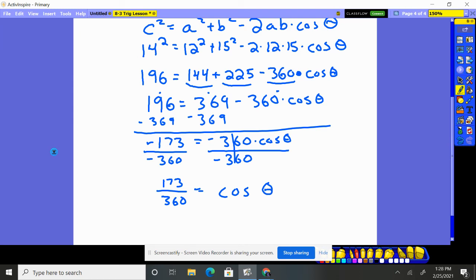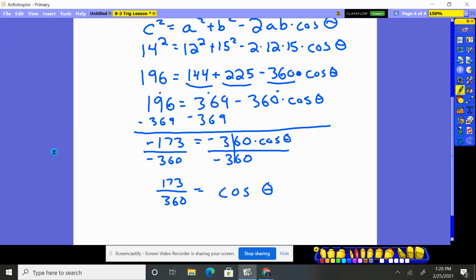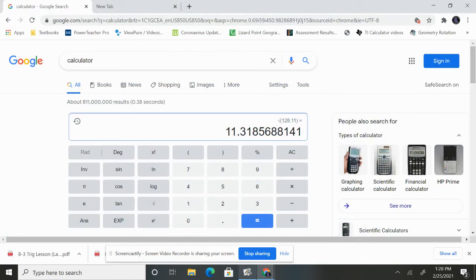Now we've got to figure out theta. How do I get rid of cosine? I take, as we learned last section, the inverse cosine. So the inverse cosine of 173 over 360. I need it in degrees.